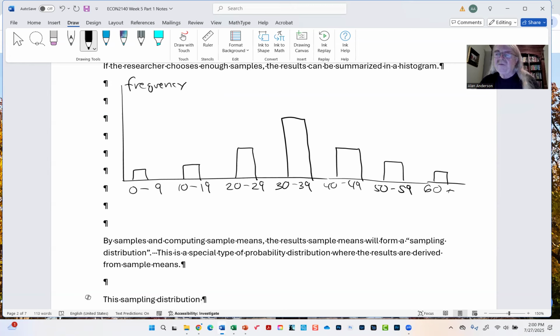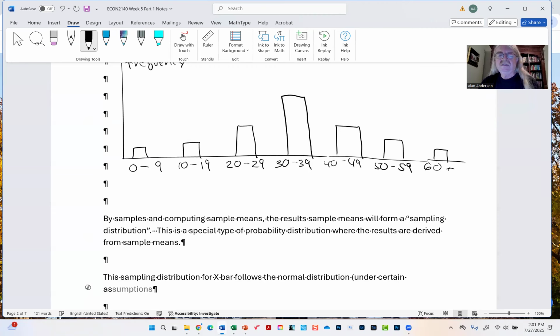So this sampling distribution, as it turns out, and we're going to see how and why this is happening, for X bar follows the normal distribution under certain assumptions. In other words, if certain assumptions are met, and you can kind of see it looks like it's heading towards the normal distribution.